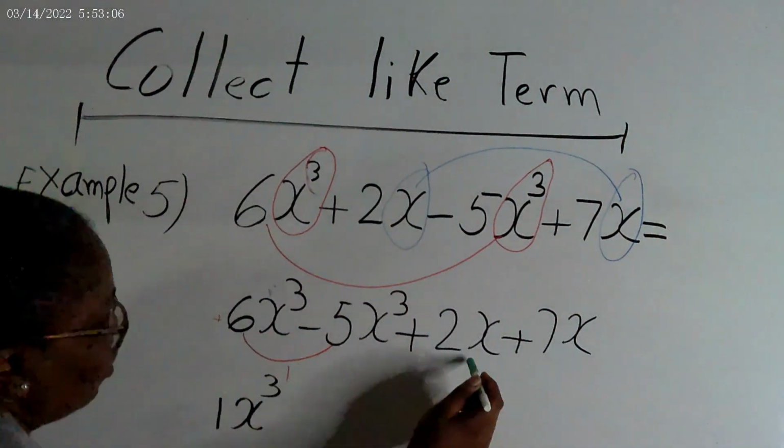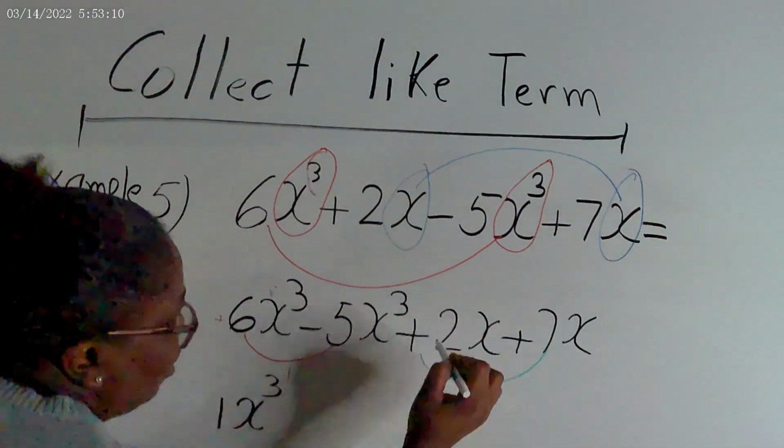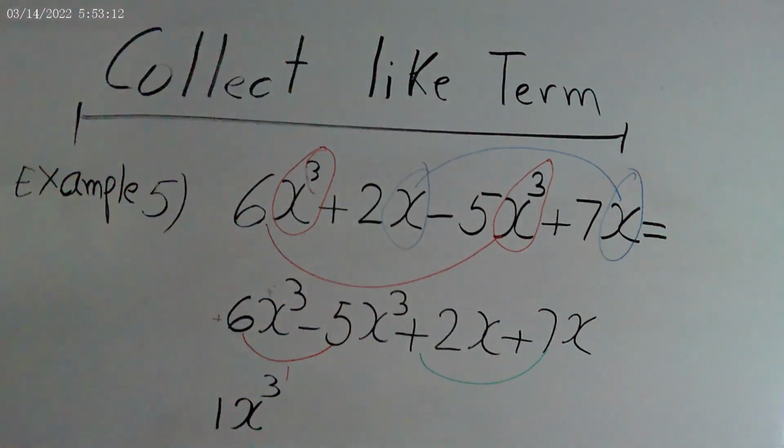And here you have plus 2x and plus 7x. Because the signs are the same, you are going to do addition. And you keep the sign. You're doing addition, you keep the sign, which is plus.